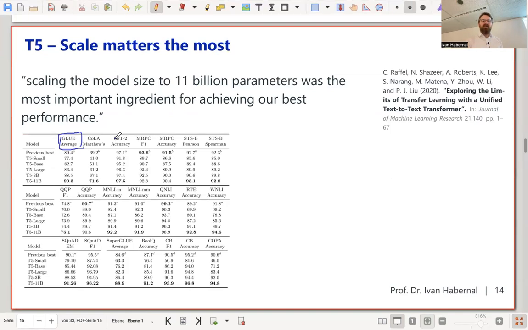And others: semantic text similarity, STS-B, natural language inference, recognizing textual entailment, Winograd schema reasoning, SQuAD, actually we talked about it, question answering. SuperGLUE is GLUE on steroids, and others. So a couple of tasks.